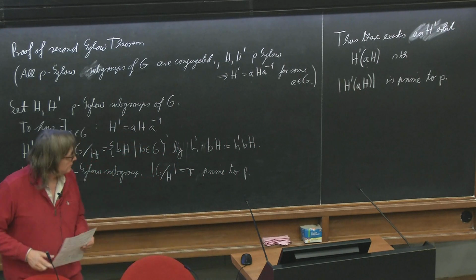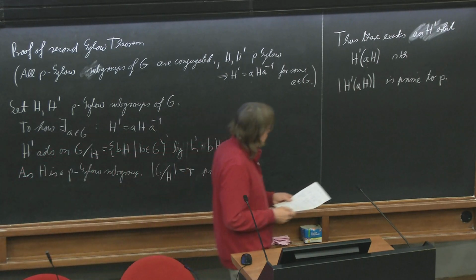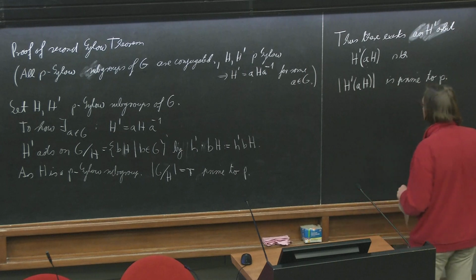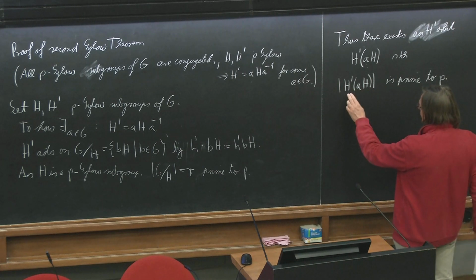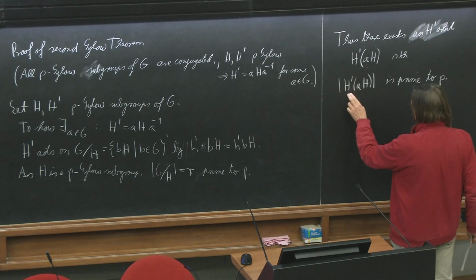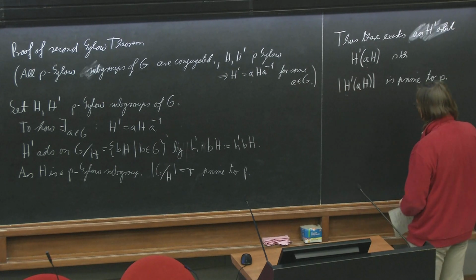And now we can, again, basically apply the orbit stabilizer theorem. So what is now the stabilizer of AH for this H prime action?